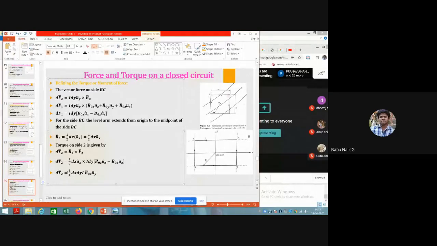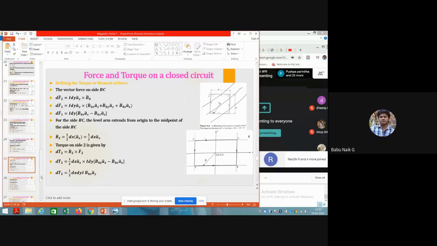After taking that cross product, a cap x cross a cap x you get 0. Now a cap x cross a cap z, you get minus a cap y. So you get a positive resultant here. With this, you can calculate it.